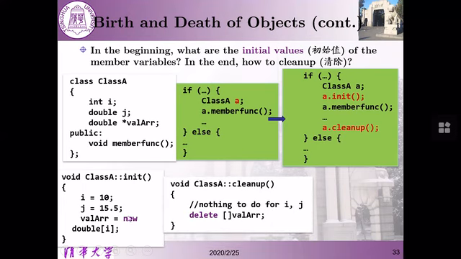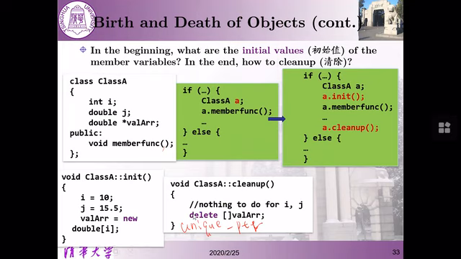Actually, we use new and delete. Actually, in C++17, unique_ptr is suggested. Using unique_ptr is better for us to avoid memory leaks.